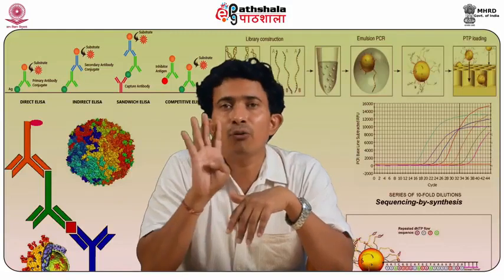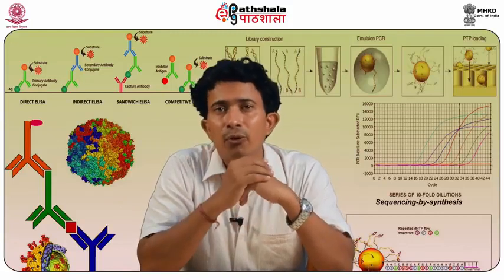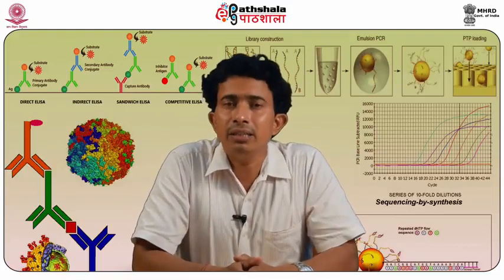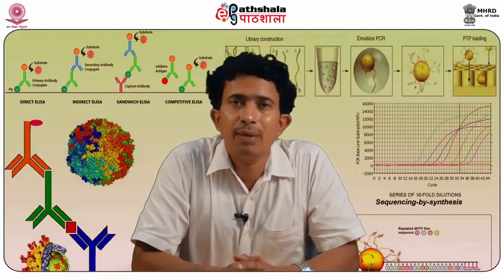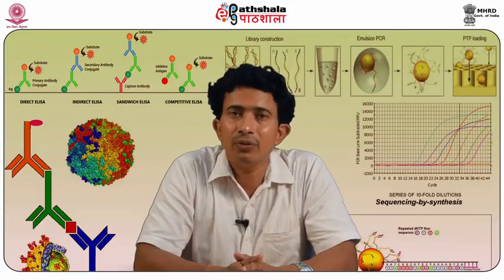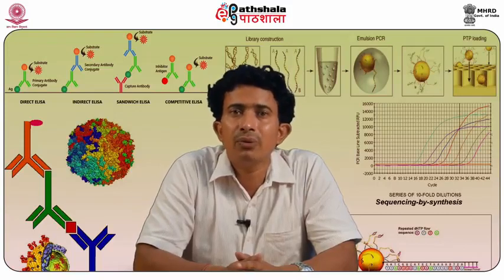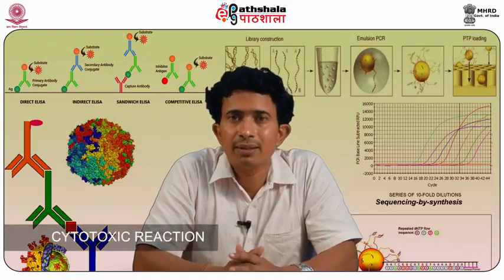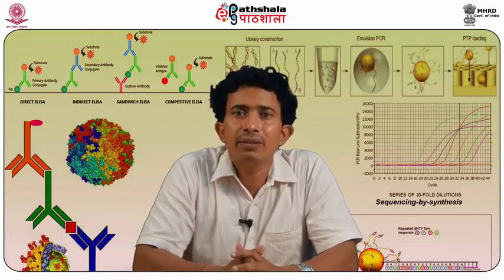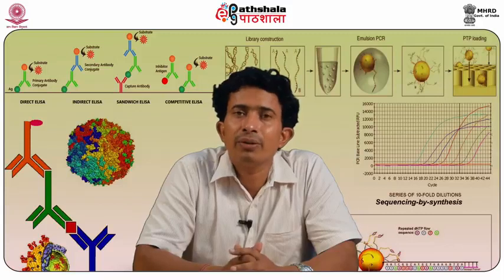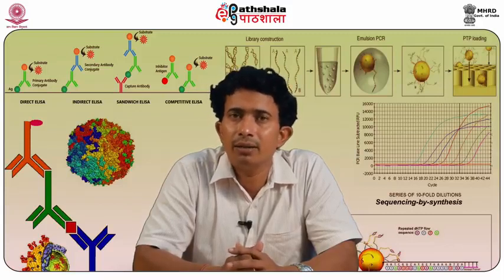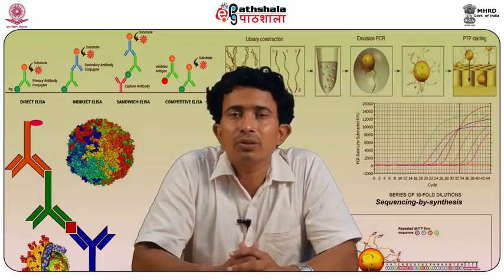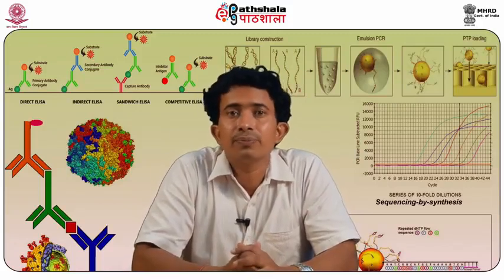Hypersensitivity is basically of four types, that is 1, 2, 3, 4. Type 1 hypersensitivity is mediated by IgE. It is also known as immediate type hypersensitivity. Type 2 hypersensitivity is also known as cytotoxic reaction, where specific destruction of cells by autoantibodies occurs. So it can also be termed autoimmunity for certain kinds of cells and tissues.